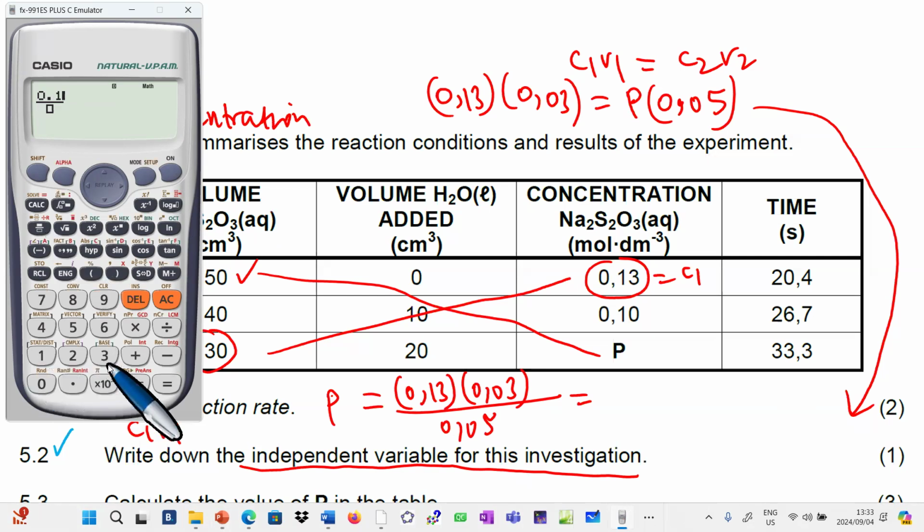0.13 times 0.03, divided by 0.05, getting 0.078.